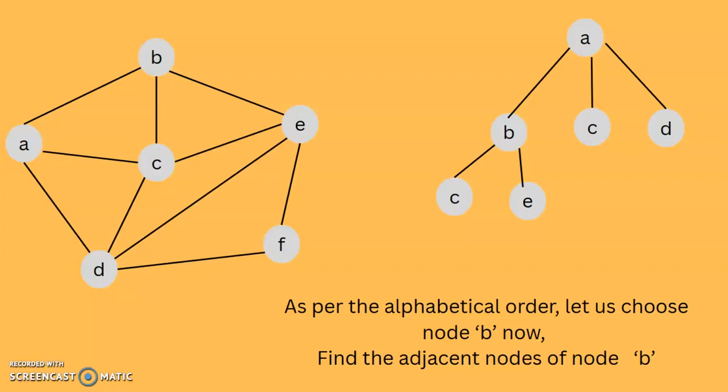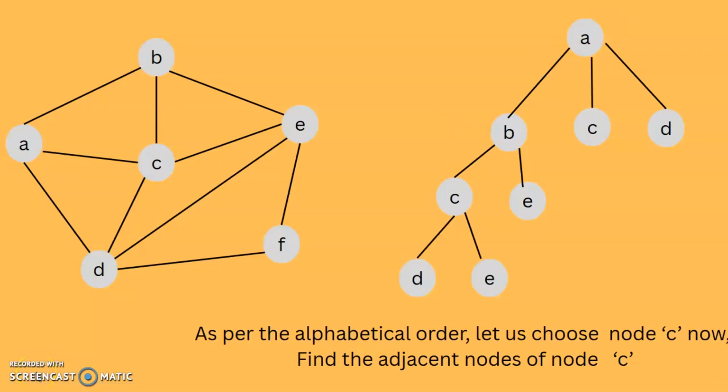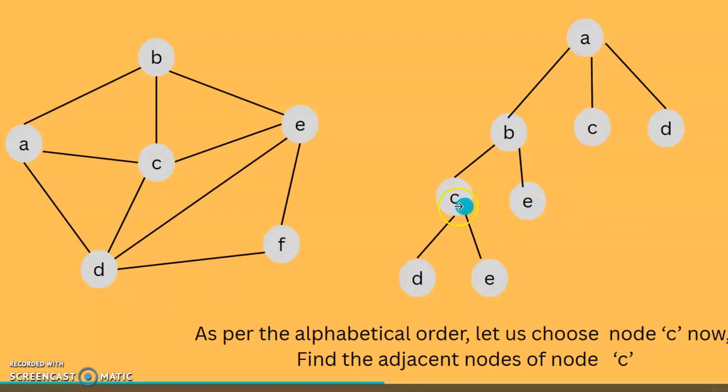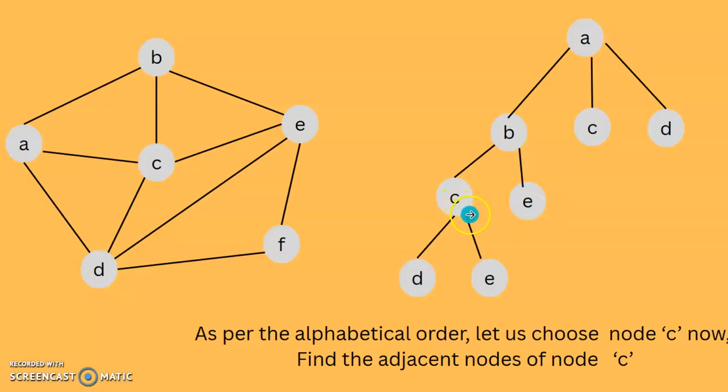So out of A, C, E, we are given only C and E here because A is already visited. Similarly, out of C and E, as per the alphabetical order, let us choose the node C now and find the adjacent nodes of node C.